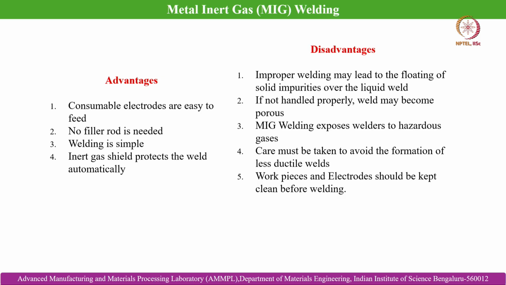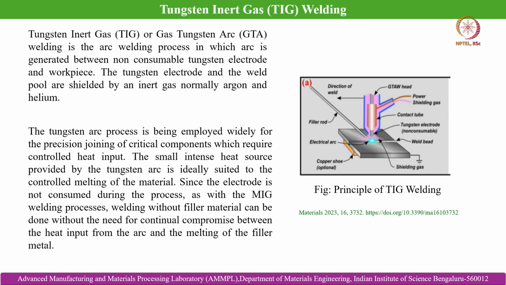MIG welding also exposes welders to hazardous gases. Care must be taken to avoid the formation of less ductile welds. Workpieces and electrodes should be kept clean before welding, because otherwise it can cause inclusion entrapment in the weld joint region. Okay. So, now we will move into tungsten inert gas welding.